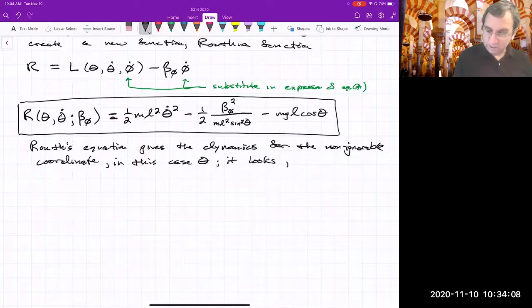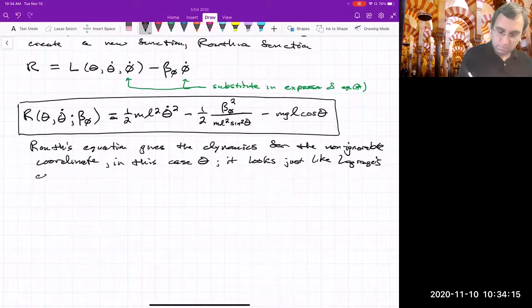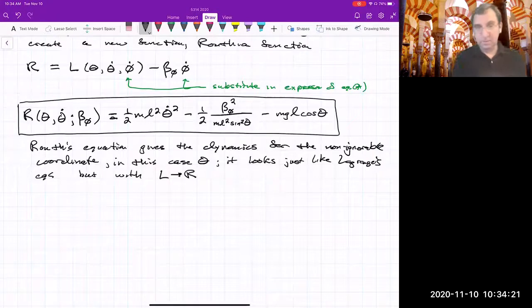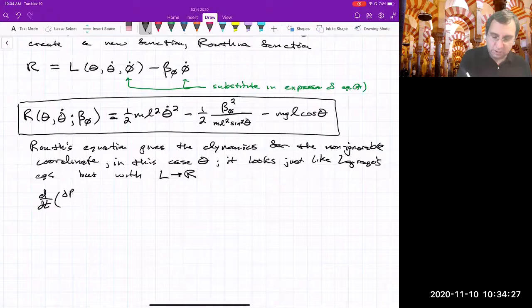And it looks just like Lagrange's equations. But with L, you substitute R for L. So L goes to R. So that means the dynamics is d by dt partial R partial theta dot minus partial R partial theta equals 0.